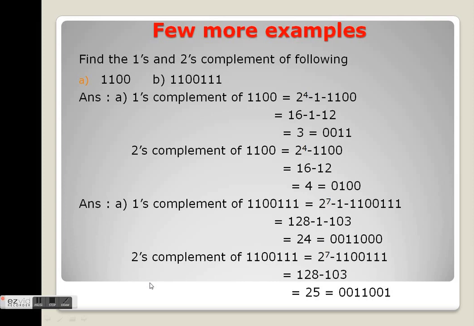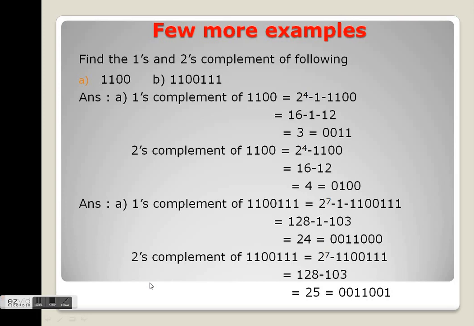Students, you can see that we have added two zeros at the left hand side. We have done this so that the number of digits in the question and the number of digits in the answer remain the same.